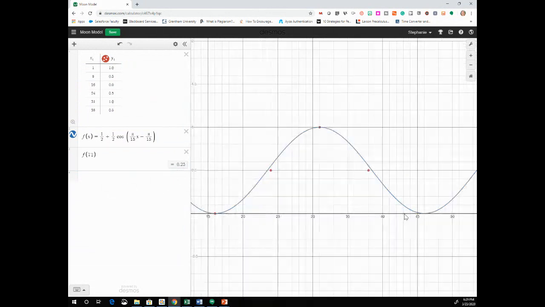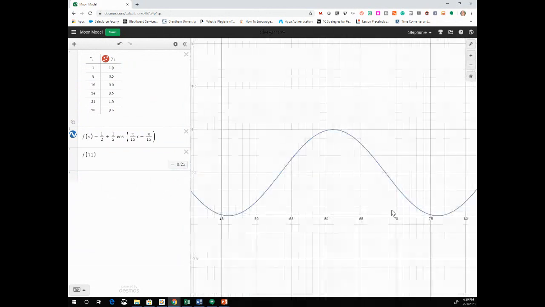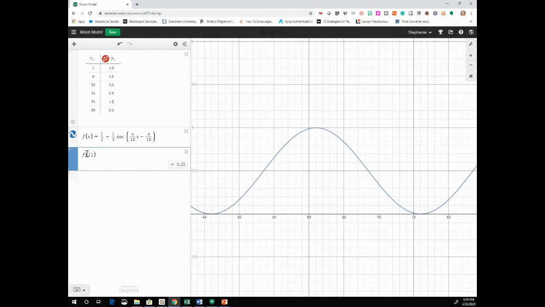I can even make this an ordered pair by typing in 71 comma f of 71, and you can see where it shows up on our plot. That's where the 0.25, or 25%, is.